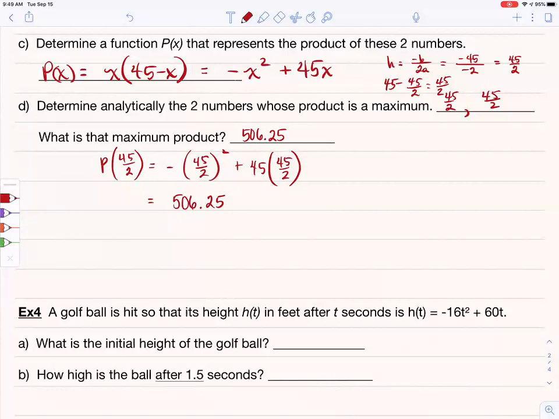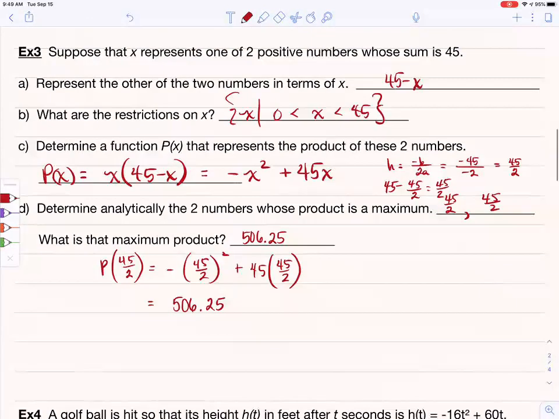So again, just as a recap here, think of this visually. If you go back to my original product equation, I know that this is a concave down parabola, because there's a negative a value.